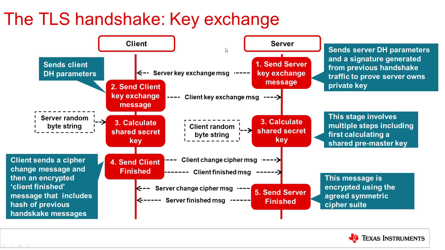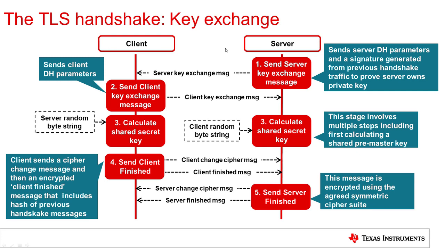So the server generates a signature from the previous handshake traffic, which is simply an encrypted hash of the previous handshake traffic. When the client receives that, it can then take the public key in the server certificate it received, decrypt the hash, and compare it with the hash it generates itself for the previous handshake message traffic. If these match up, it proves the server owns the private key.